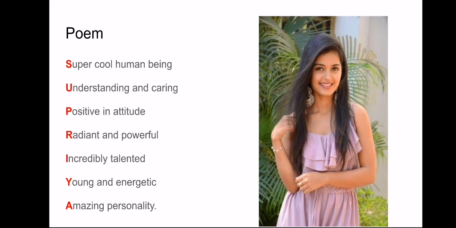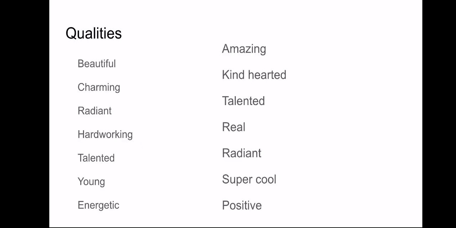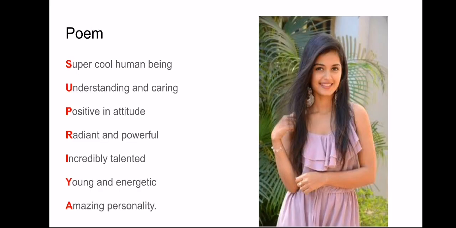Here with S I have written super cool human being. With U again I have taken the word understanding, and then I have written understanding and caring. For P I have used positive in attitude, R radiant and powerful, I incredibly talented, Y young and energetic, A amazing personality.